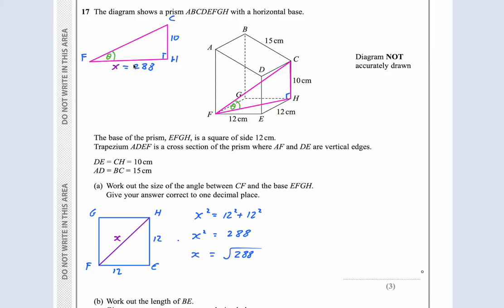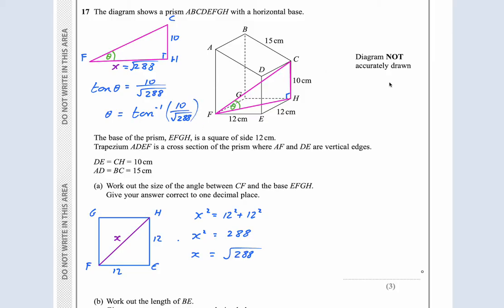Therefore, I can say the tan of theta, I'm going to do tan, because I have the opposite and adjacent. So the square root, that's important, of 288. So the tan of theta is 10 over root 288. Therefore, theta is the inverse tan of this. Inverse tan of 10 over root 288.